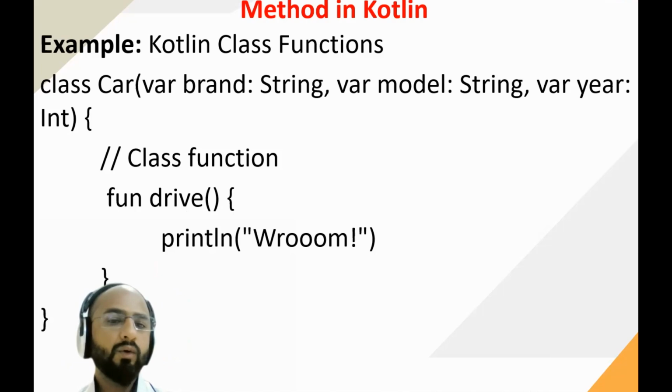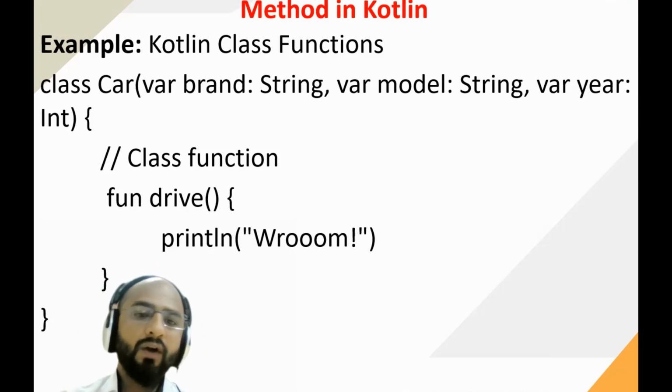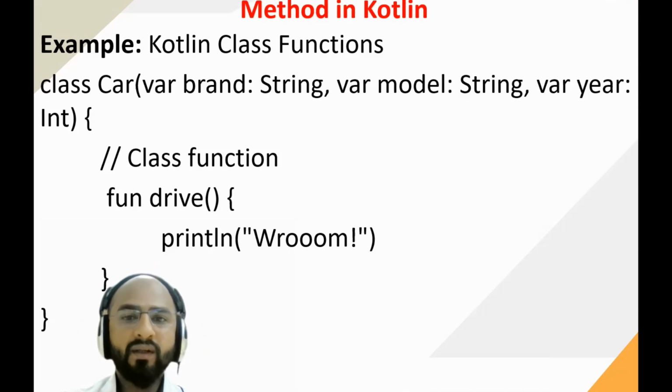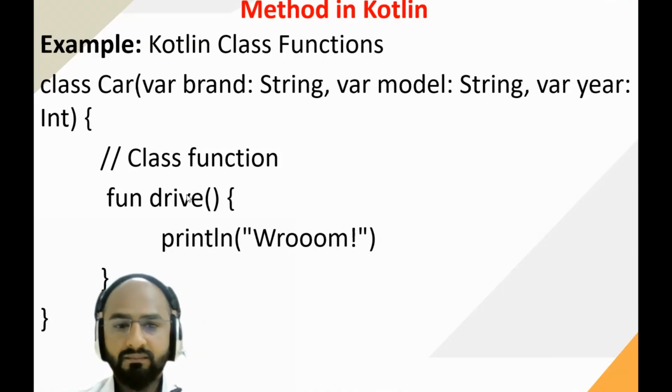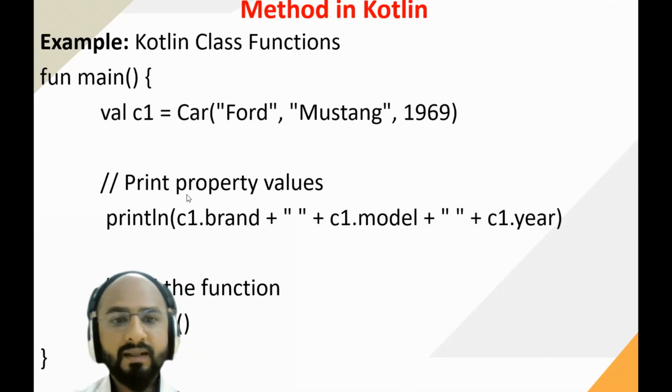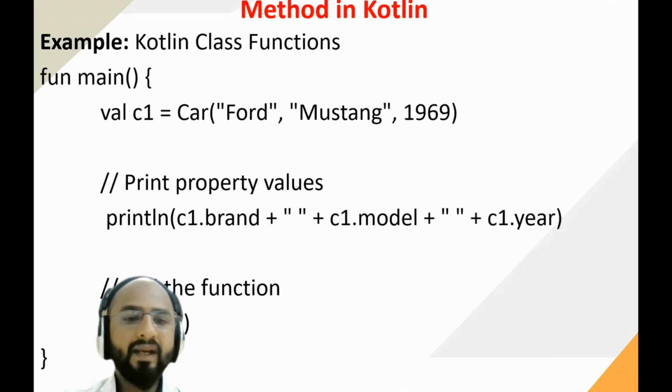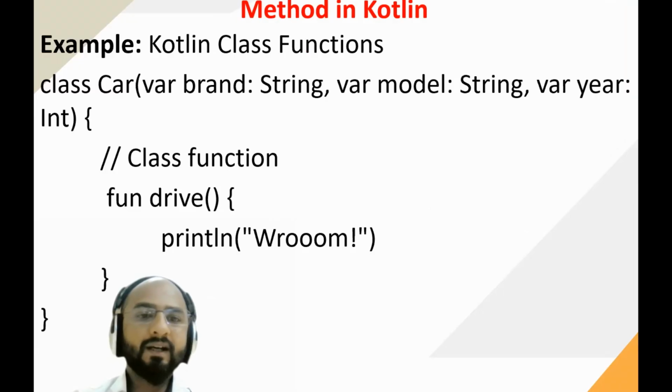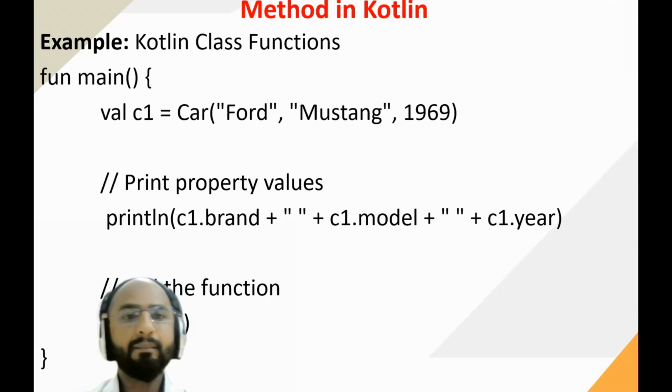By using the object, you can call the drive method. If you want to call this drive method, you just need to create an object of that car class and then call the method drive. Here the function main is written. This is the class that we have created and this is the main method.